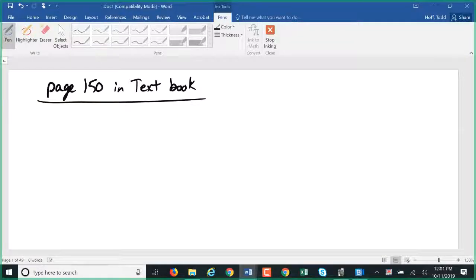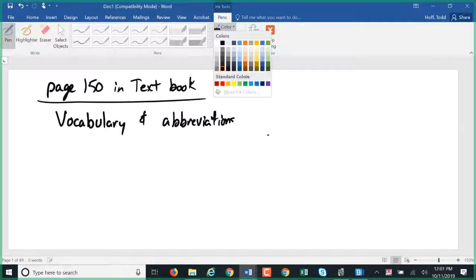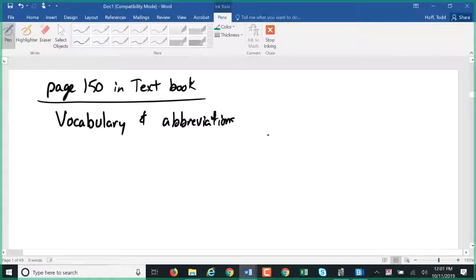On page 150 in your textbook. So, a lot of vocabulary and abbreviations. These are all the abbreviations that describe how the medication is administered.